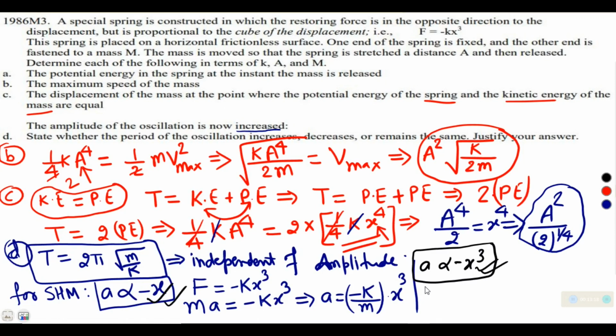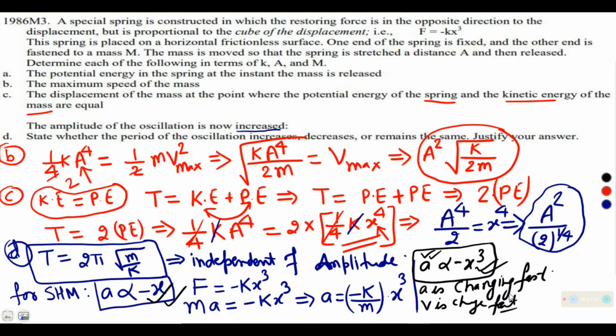So basically here acceleration is changing fast. Here acceleration is proportional to cube of x, whereas in SHM it is proportional to minus of x. So for a little variation in x, acceleration will vary more here. If acceleration is changing fast, velocity is changing fast.